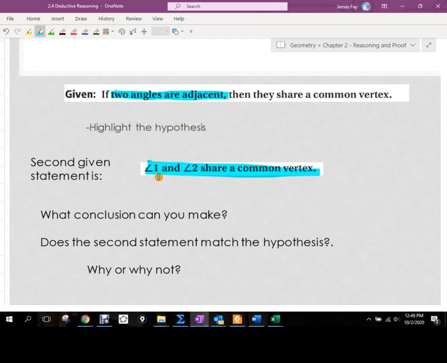Well, for instance, an example might be better. Let's say I give you this triangle here, and I tell you that this is 60 degrees, and let's do something like that.